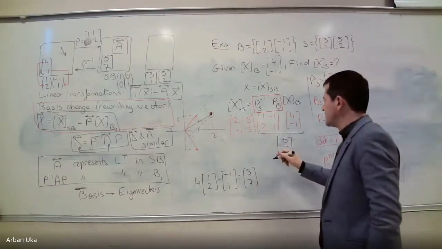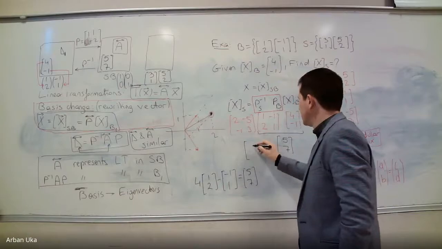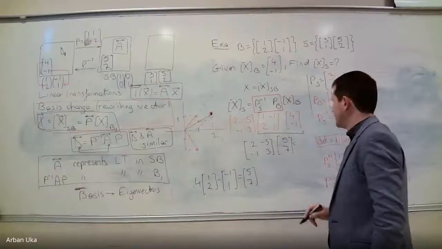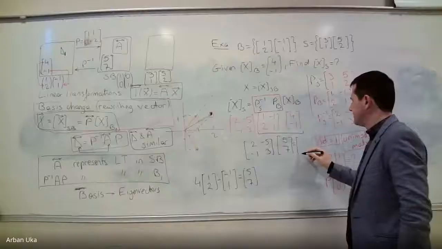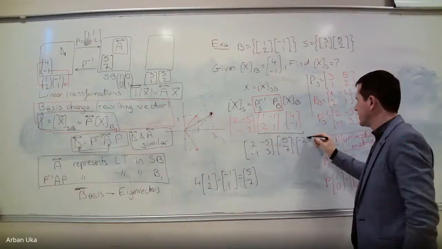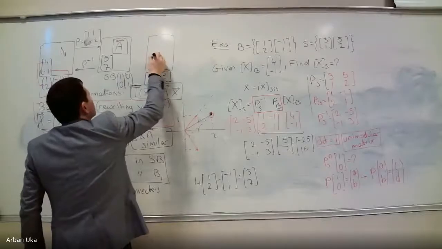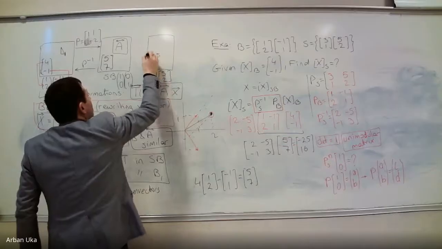This is what we should be getting. This is the standard basis. You were correct. And here we get 2, minus 5 and minus 1, 3. We multiply this to get minus 25 and 16. So now I think we could write this in the same way you wrote the 5, 7.